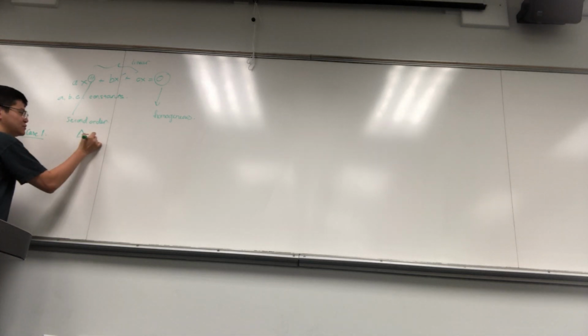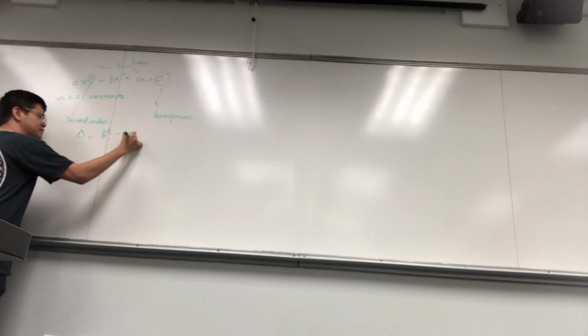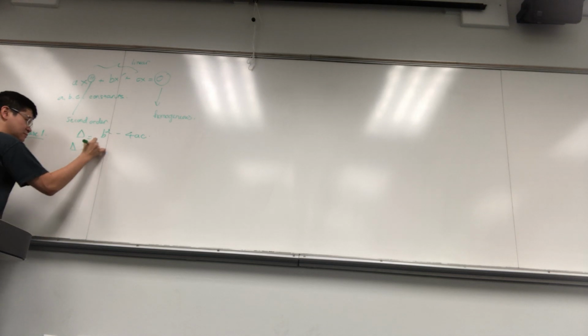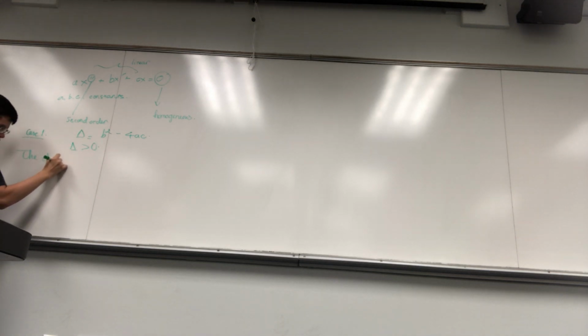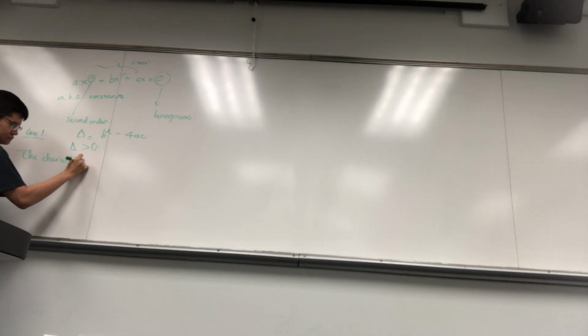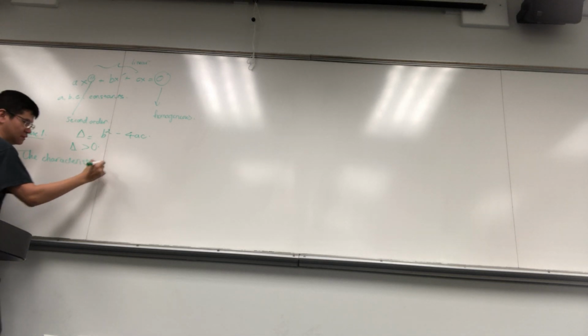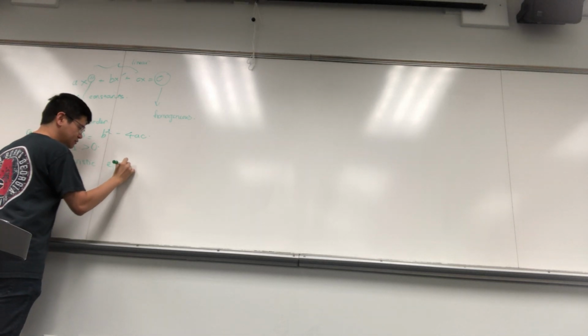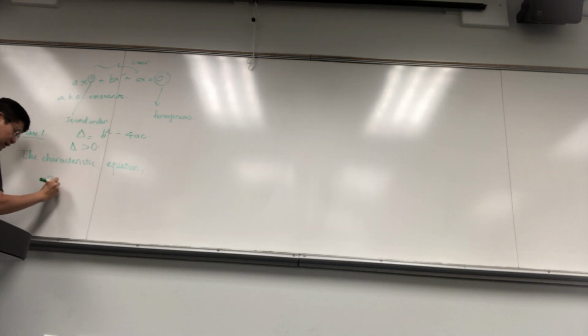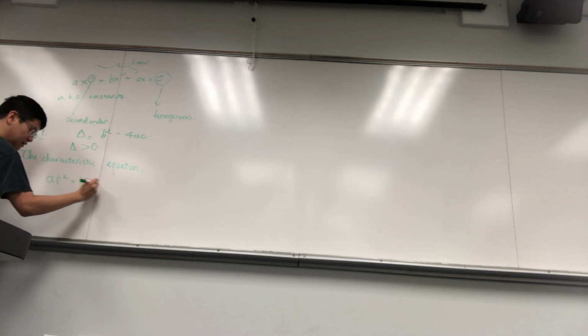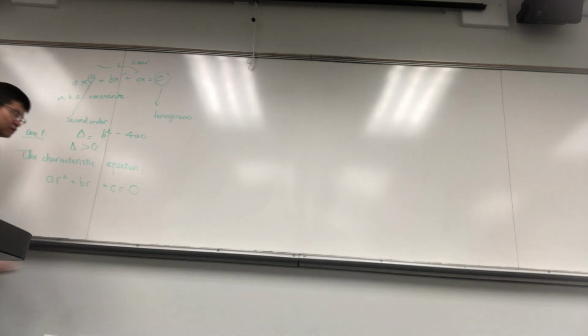In case number one, you consider delta, which is b squared minus 4ac. When delta is greater than 0, the characteristic equation has two solutions. So you have ar squared plus br plus c equals 0.